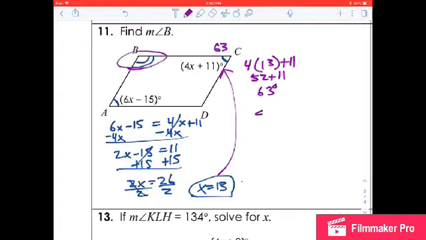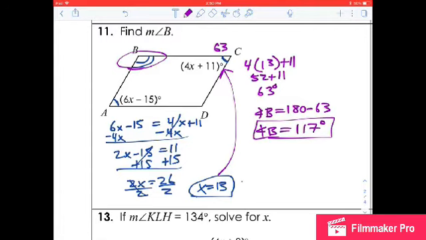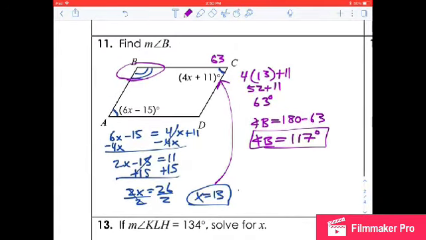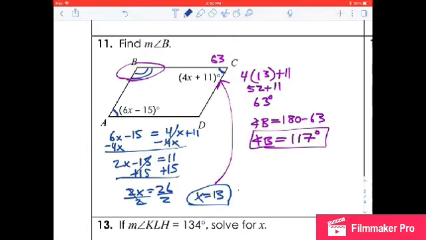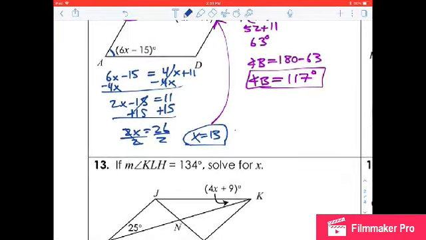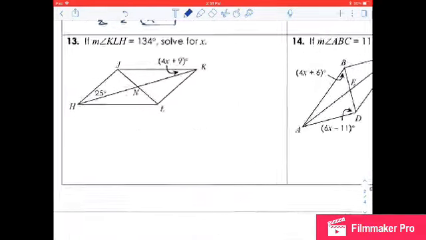So angle B equals whatever's left out of 180. So 180 minus 63, angle B is 117. And there's angle B. So you've got to think about what supplementary means, but sometimes you're just going to have to find one first and then use that. Okay, so let's do one more here.